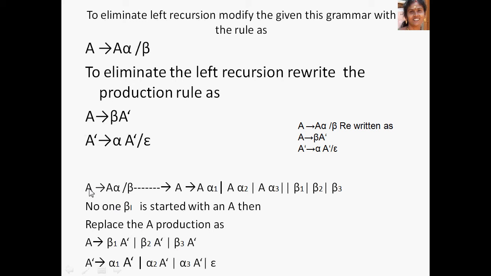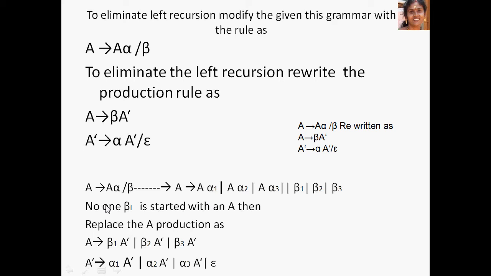Take the first rule: A is expanded with capital A alpha or beta. So I can rewrite this. For A, I can write A alpha 1, or A alpha 2, or A alpha 3. Or I can give beta 1, beta 2, beta 3, or beta 4.